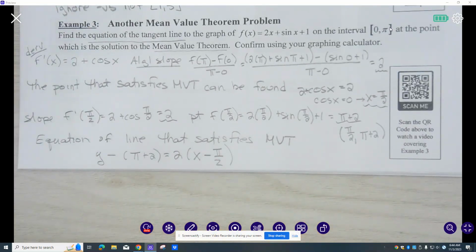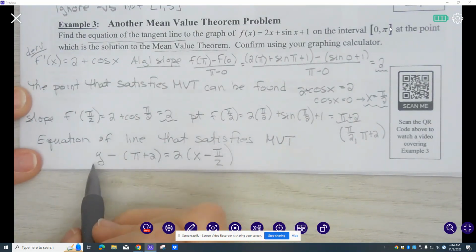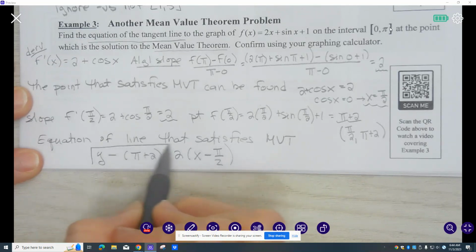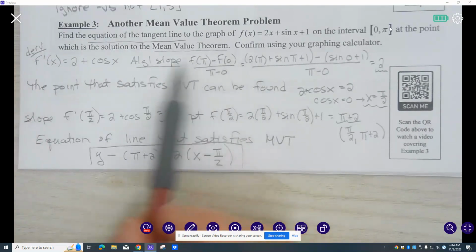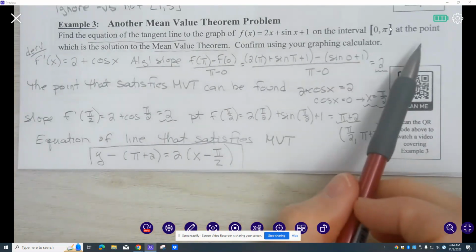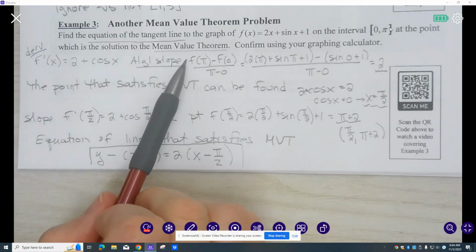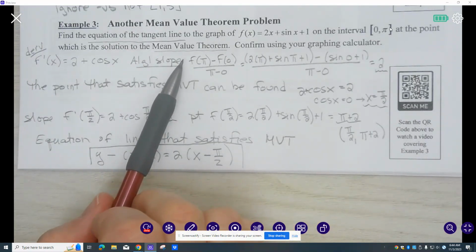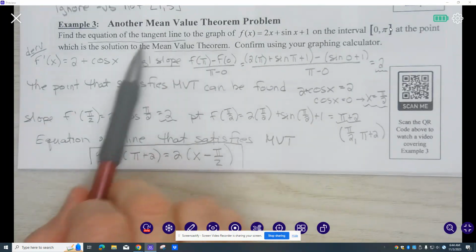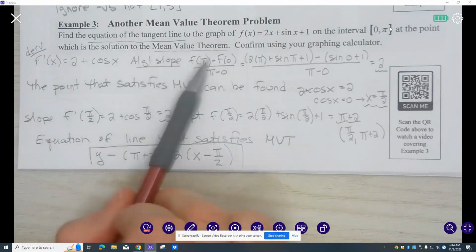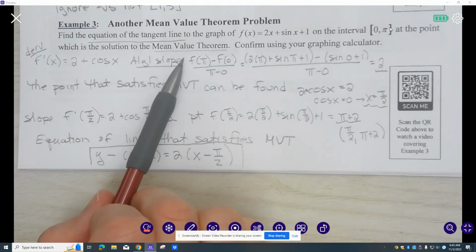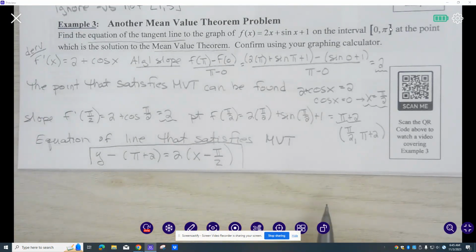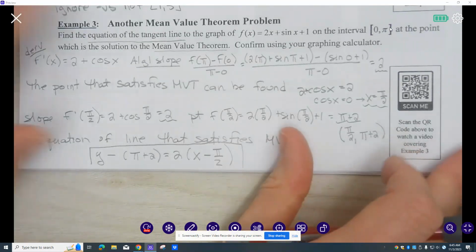And remember, you can leave it in point slope form. When they're telling you to find a solution that satisfies MVT, you can assume that MVT applies. They wouldn't ask you to do this if MVT didn't apply. That's why I didn't start with saying that the function is continuous and differentiable.